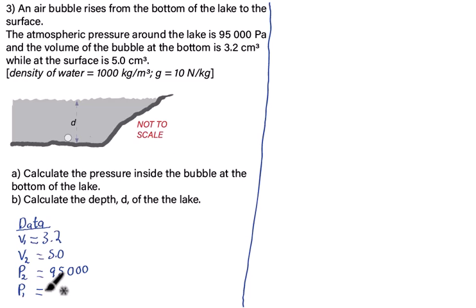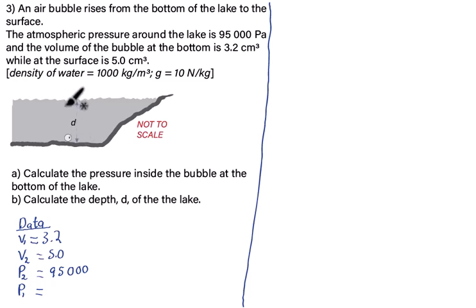The important thing we should notice about P1 is that the pressure down there is due to water and what? And the atmospheric pressure, because what is on top of the bubble?